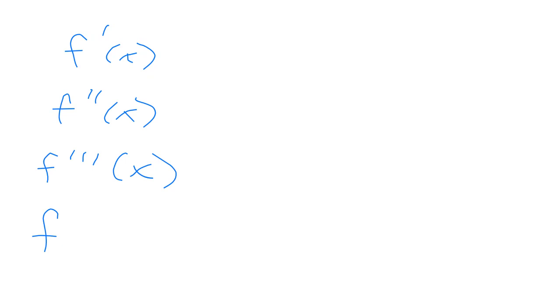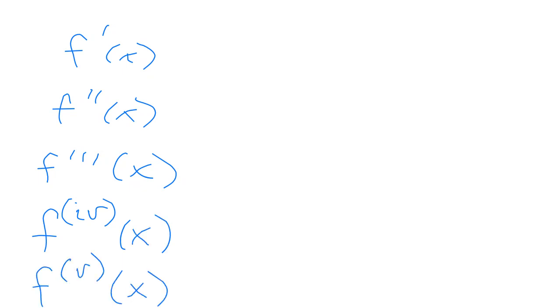If we get to 4 or bigger, we put lowercase Roman numerals, like IV, the fourth derivative of f, the fifth derivative of f, evaluated at x, things of that nature. So we can keep going.